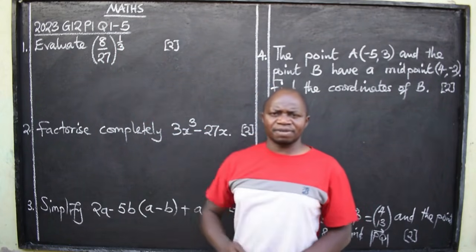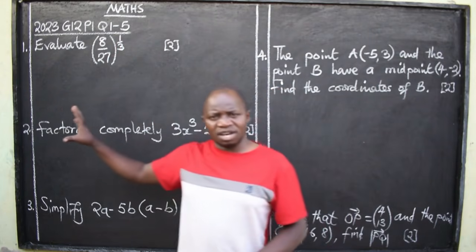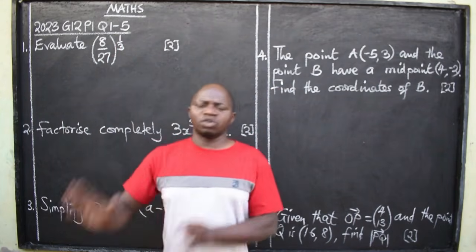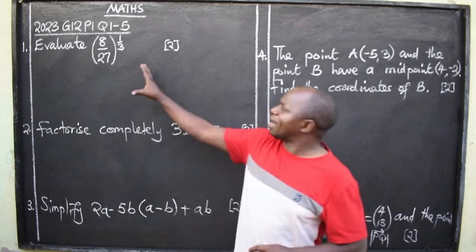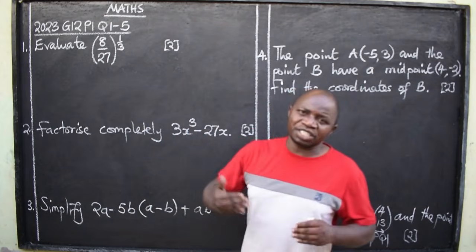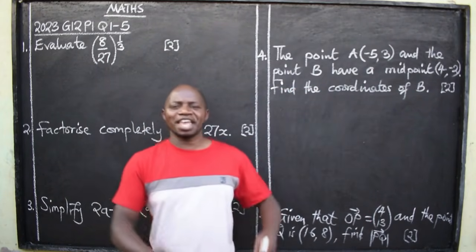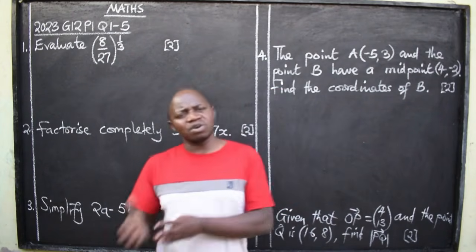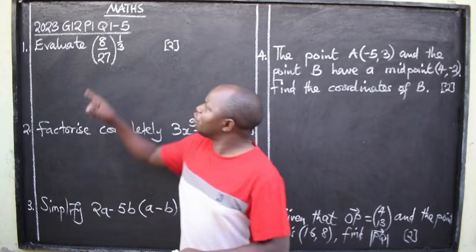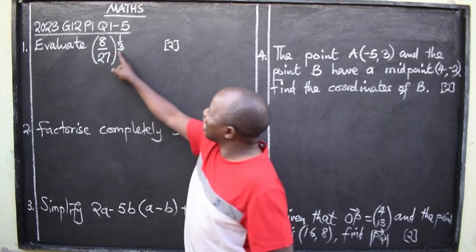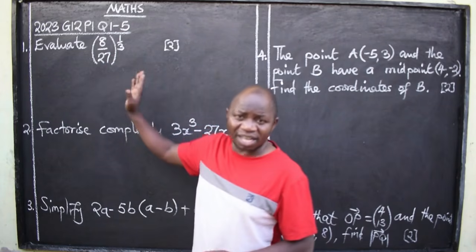What topic is this? Indices, or index notation, you can call it that way. Immediately you remember that the question is coming from this, you will be able to remember some of the laws and principles that you're supposed to follow. Agreed? So we want to find the exact value of this without the calculator.